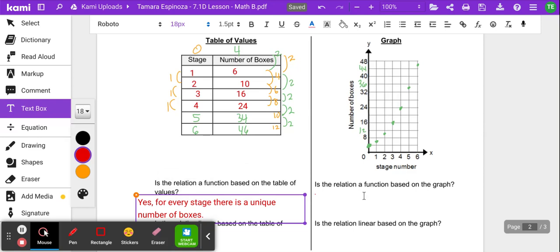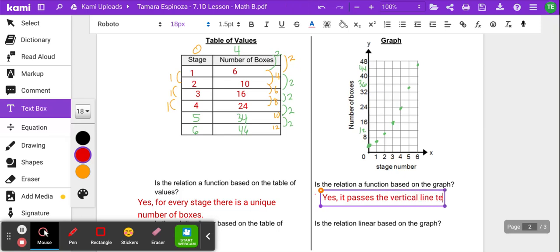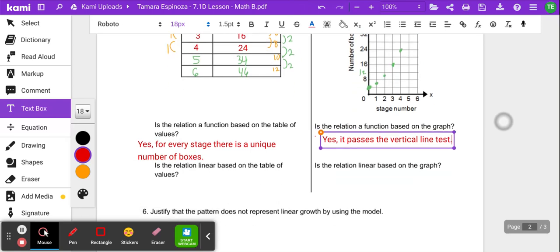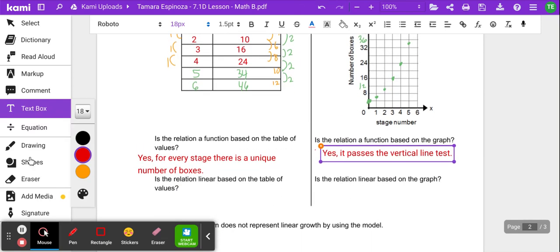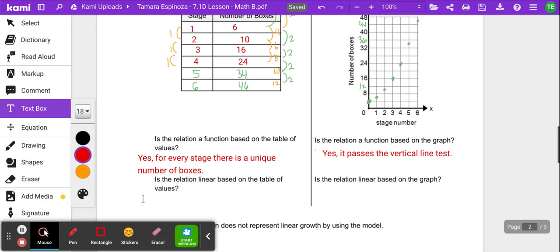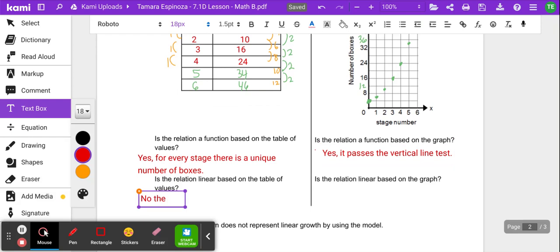I can't put a vertical line and hit 2 points. Yes, it passes the vertical line test. Okay, is the relationship linear? No, the first difference is not the same. Okay, no, it lies along a curve.